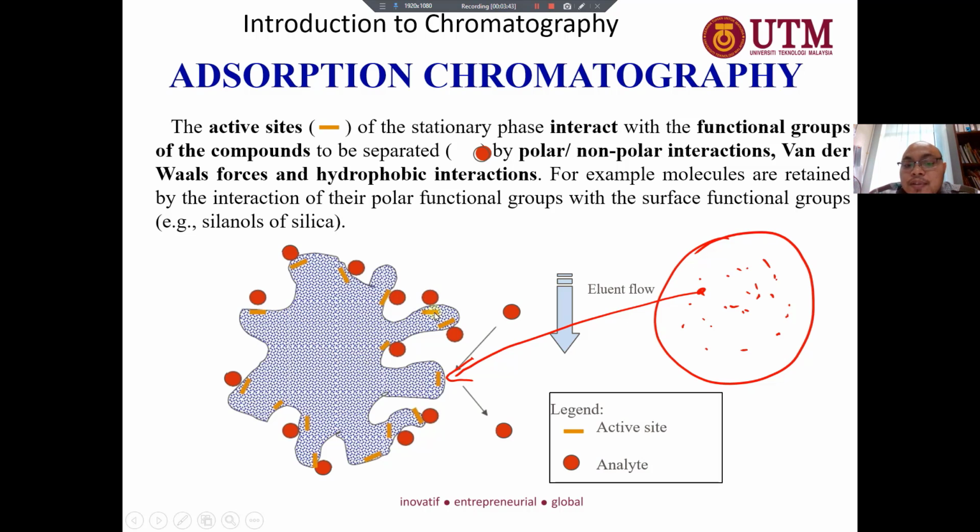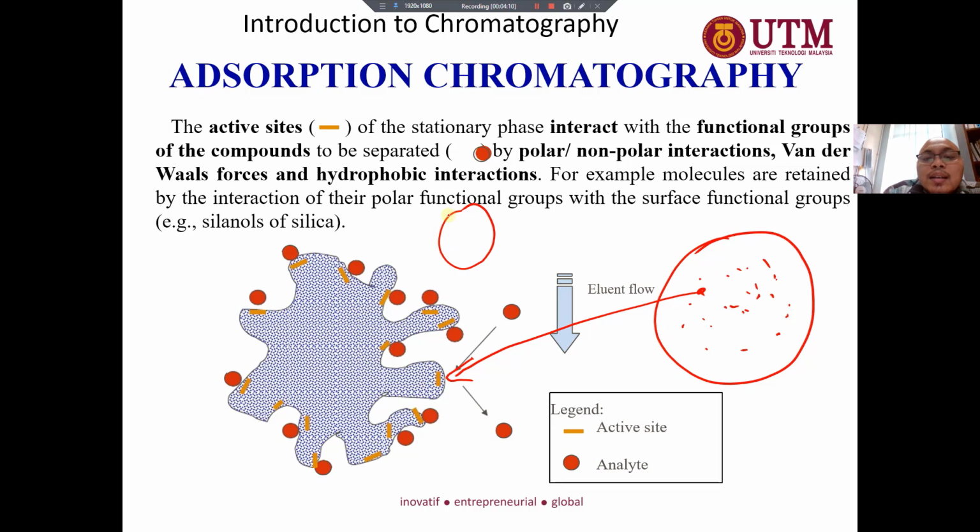If the active site is non-polar, then the non-polar analyte will interact the most. The polar analyte will have less interaction with the active site, so it will elute earlier. Okay, so this is the situation.